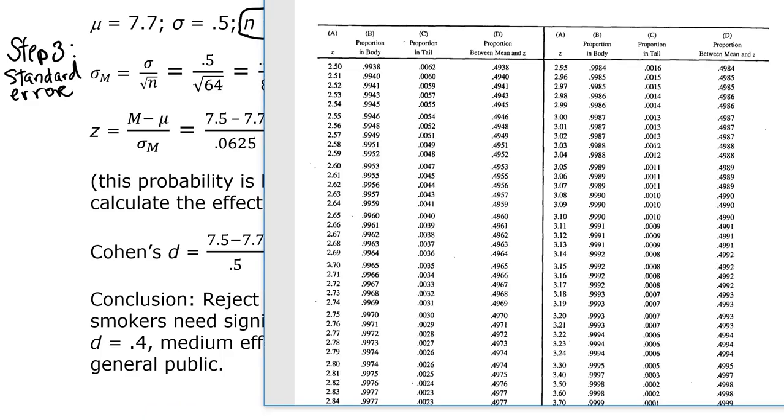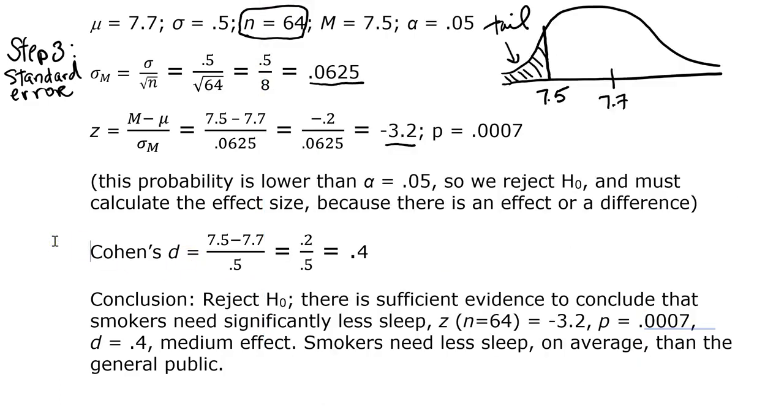So let me go ahead and pop over. 3.2 is right here, 3.2 in the tail, and this is a really tiny proportion, right? 0.0007, okay? There we go, there's the probability. Okay. This probability is much lower than alpha equal to 0.05.